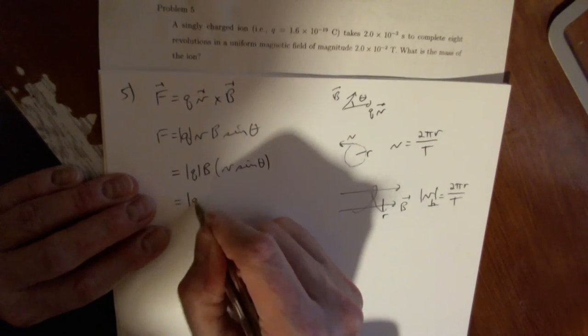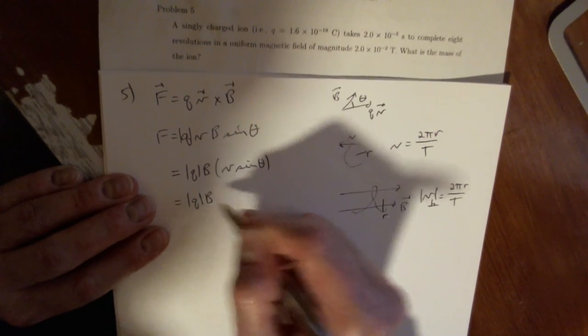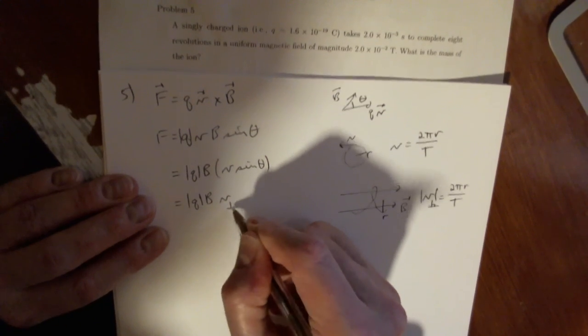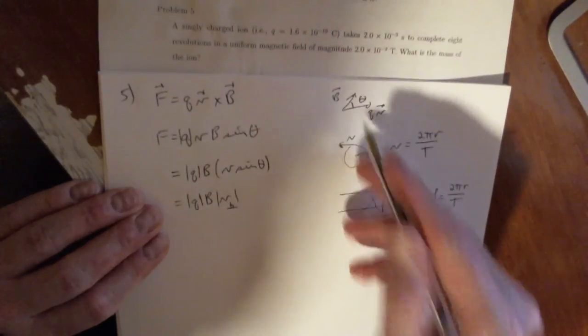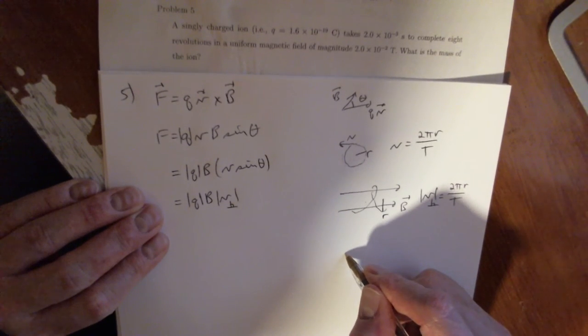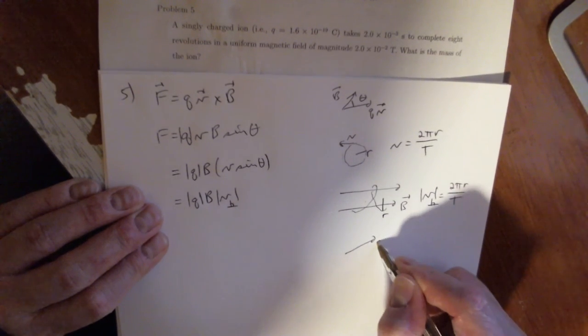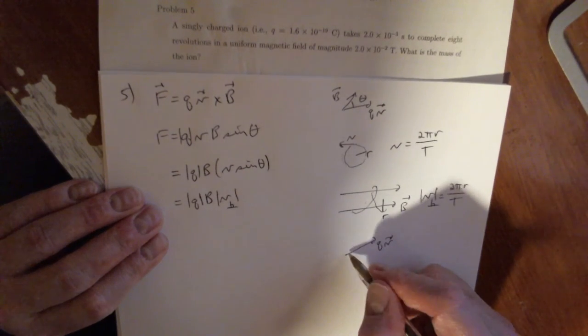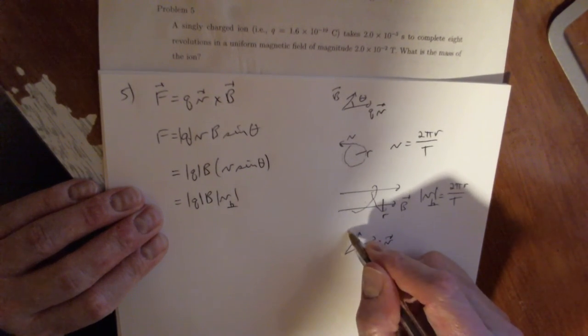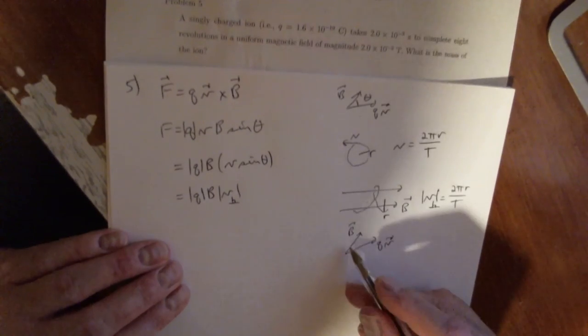That is QB times magnitude of V perpendicular. Because if I redraw this picture, here is QV and B, and here's the angle theta.